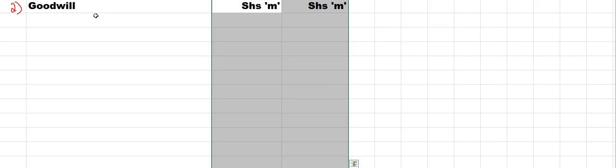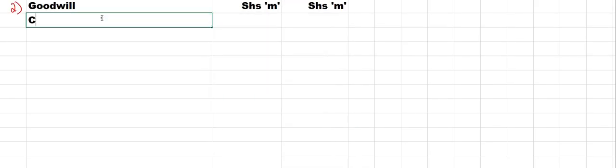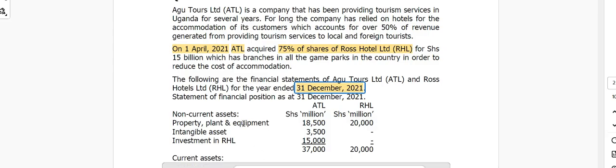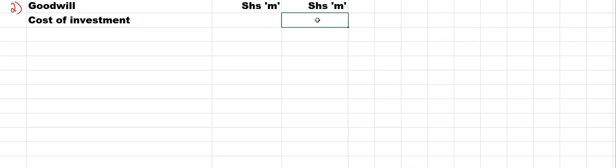To compute goodwill, you need the cost of the investment. It has been given to you. That's 15 billions, and there is no other adjustment to make. So that is your cost of the investment, 15 billions.